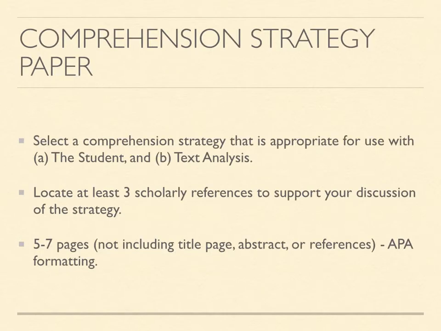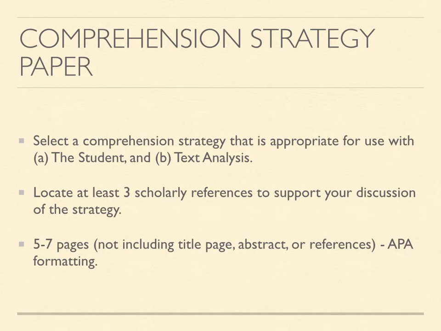For the comprehension strategy paper, you're selecting a comprehension strategy that's appropriate for use with the information you provided in the student, the first of the assignments for the curricular quartet for this course, and then the text analysis, which you completed in theme 2. You're going to locate at least 3 scholarly references to support your discussion of the strategy.